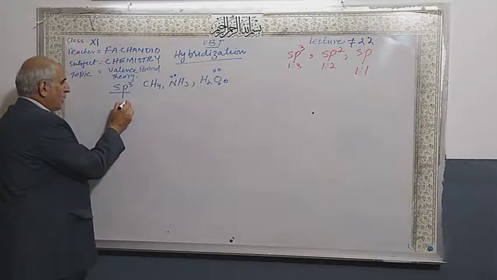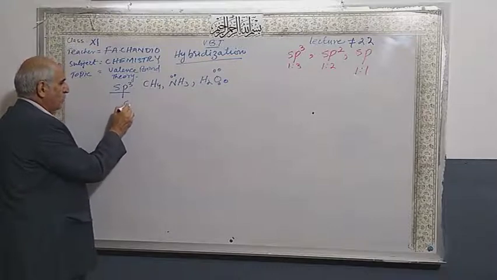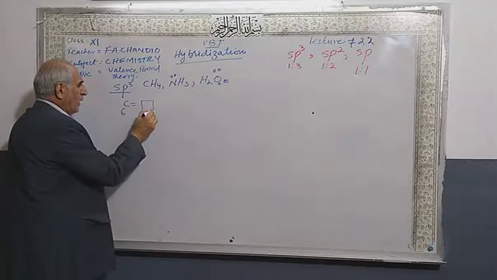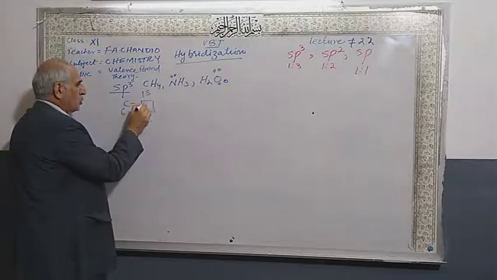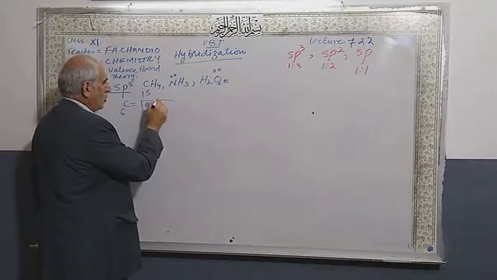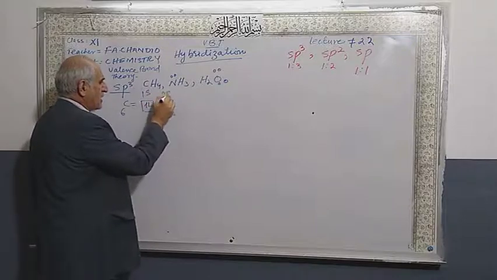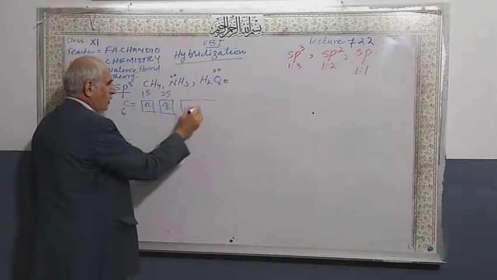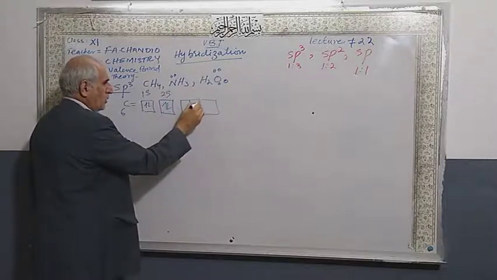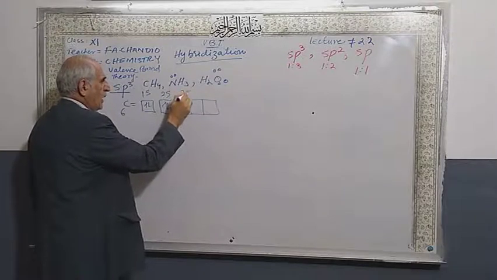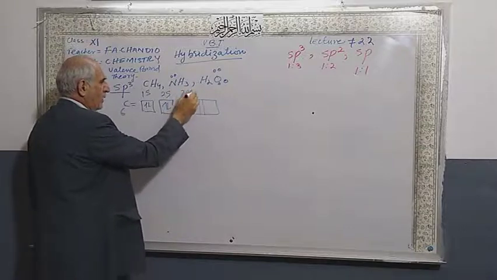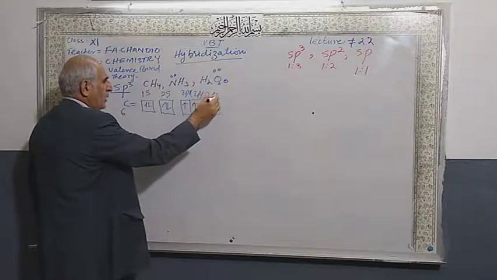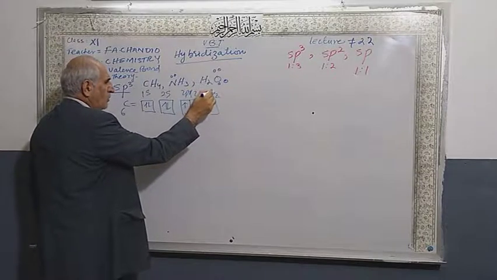So carbon atomic number is 6. Electronic configuration: 1s2, 2s2, 2px1, 2py1, 2pz0.